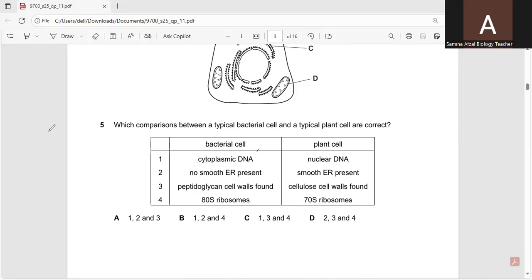Yes, this is correct. The bacterial cell doesn't have a proper nucleus, so the DNA is present in the cytoplasm in the form of circular rings. Second, nuclear DNA in plants: the proper nucleus is present. That is the reason the DNA is present in the nucleus.